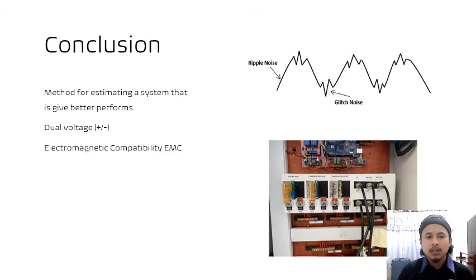For this presentation, I will conclude that the main idea of our study is to find the best method to estimate a system that gives a better performance. We know that we can't make noise a very smooth signal, but we need to manage it, and it can be managed.